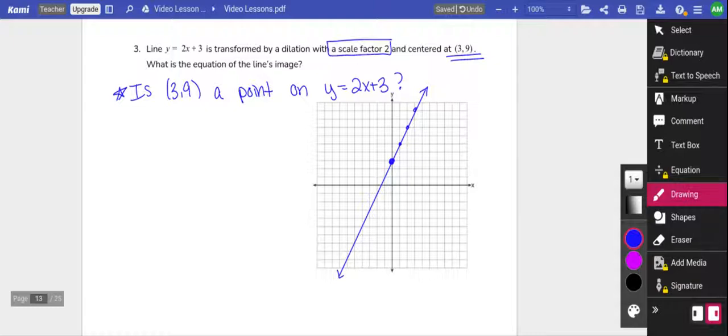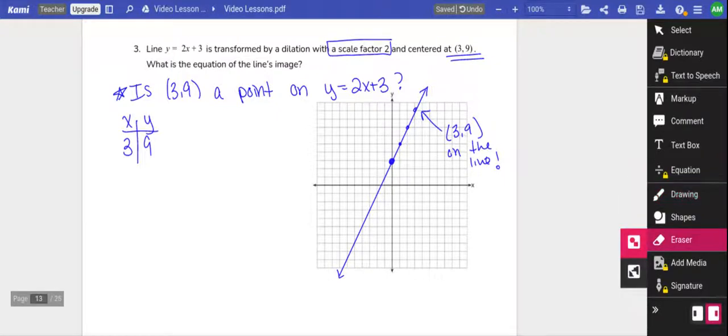Let's see, (3, 9). Right there, that is (3, 9), and that's a point on the line. Another way would be to go into y equals on your calculator, type in the equation, and see if (3, 9) exists in your table. And it definitely should, because it is on our line.